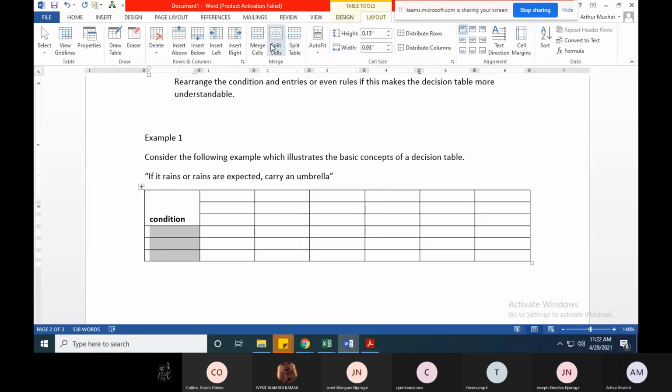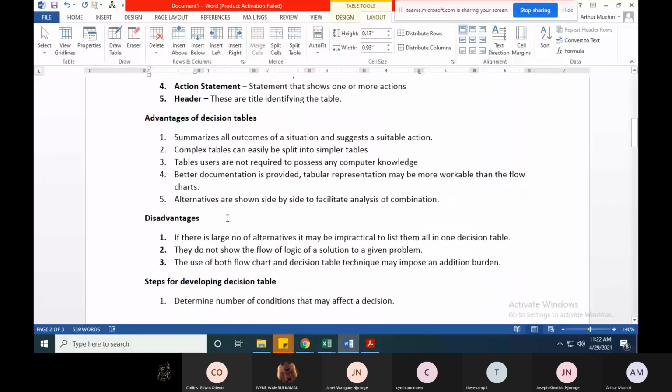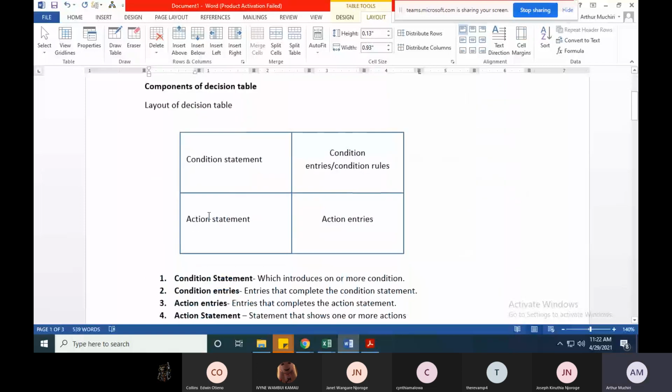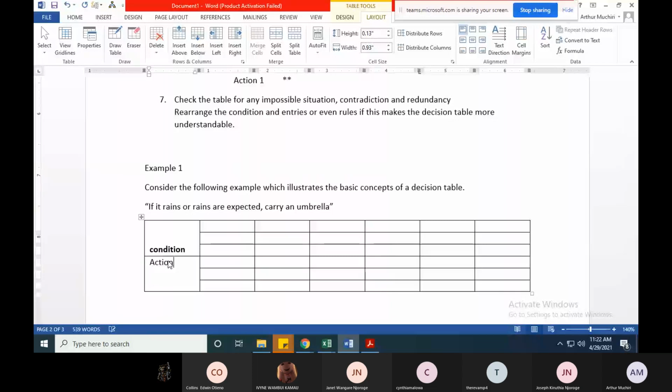We can merge them and say acts or actions, whichever you prefer. They were actions. This is just for you to understand what the actions will be.